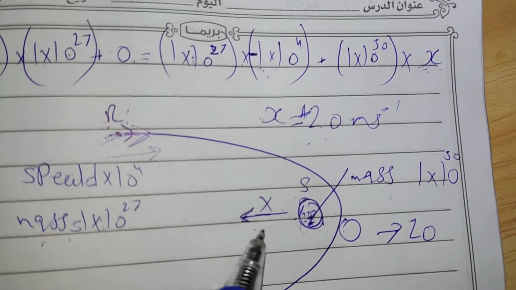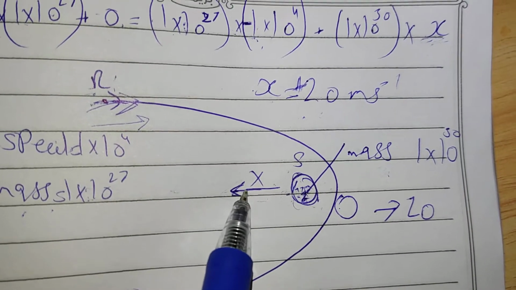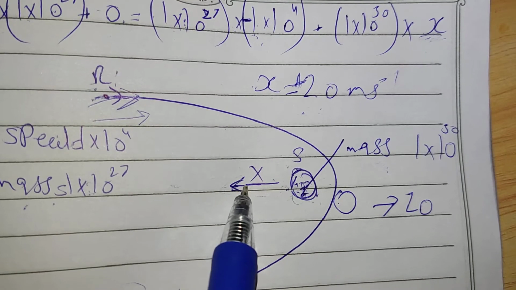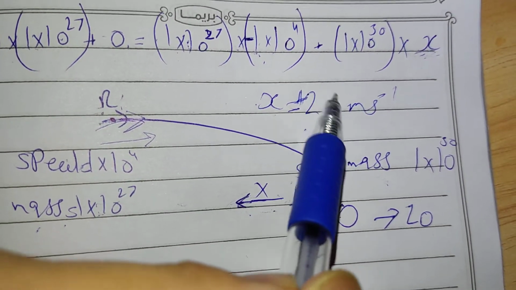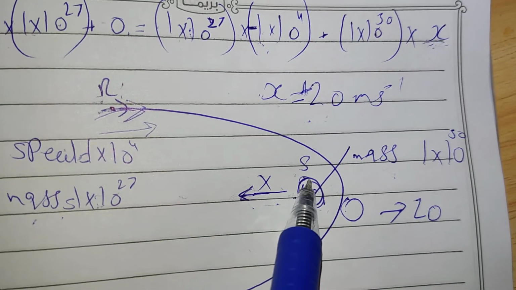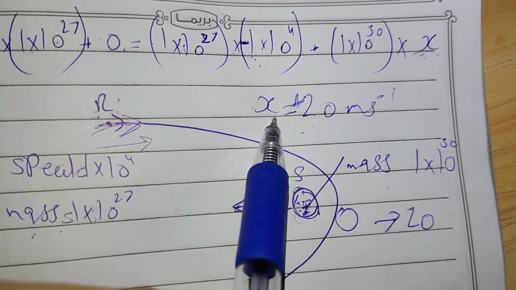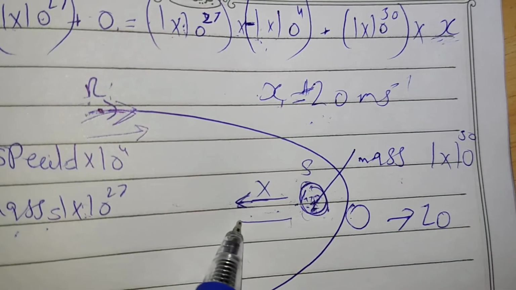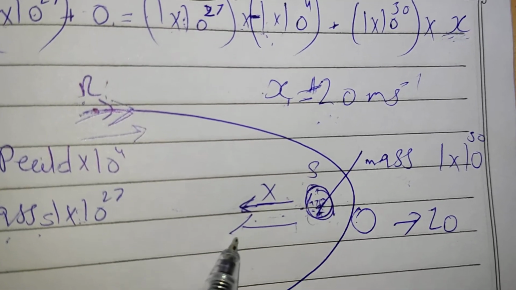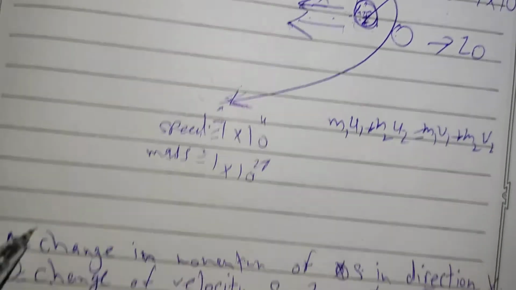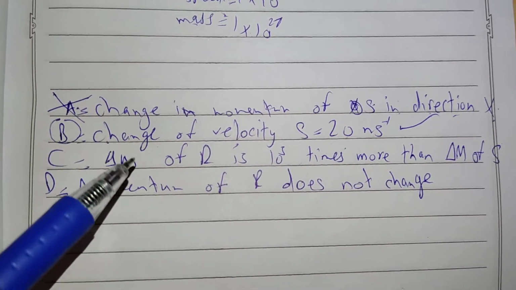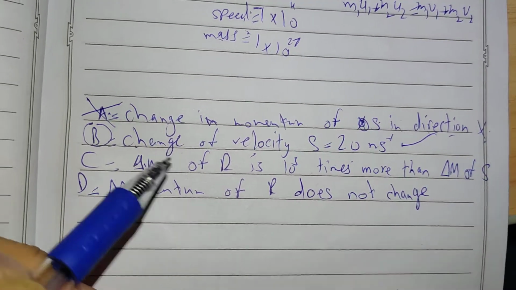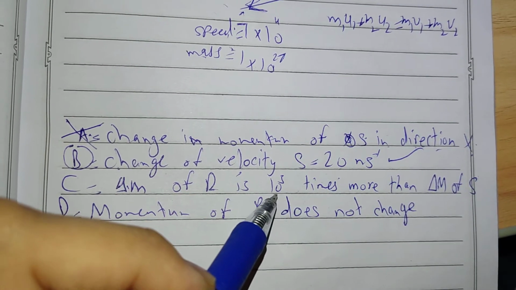They've not told us what this arrow stands for, so this cannot be in this direction because the final speed of s is 20. If it was negative 20, then s would be in this direction. So A is wrong.